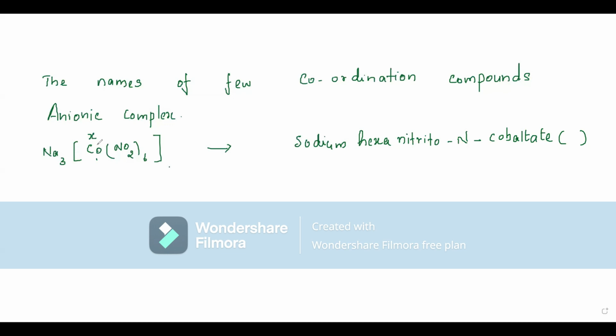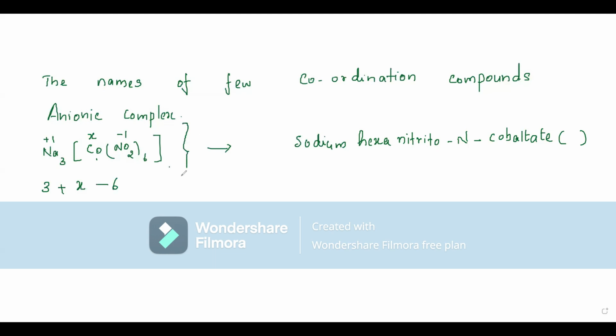The central metal here is cobalt. How do we calculate the charge? Sodium has +1 charge, right? Each sodium is +1. Each nitrito-N, NO2, is 1 minus. So, total positive charge is 3 plus X minus 6.